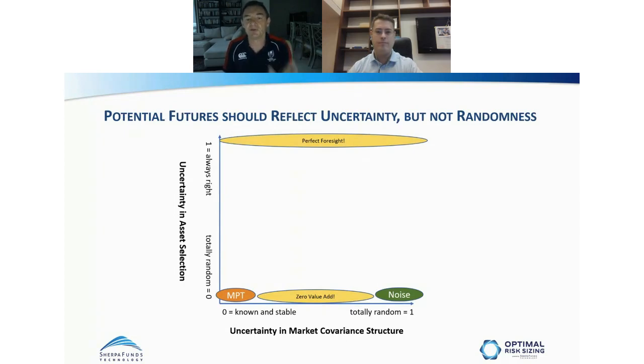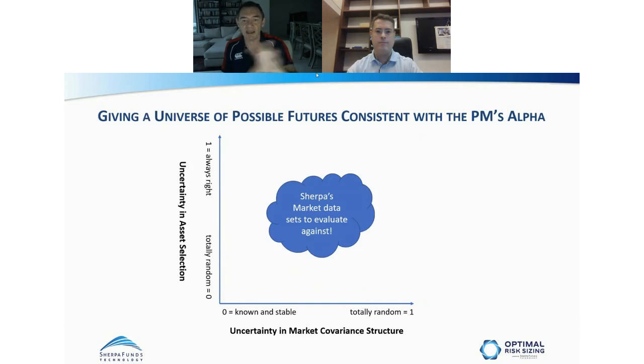But the truth is, it's somewhere in between. So if we move on, you end up with this area in the middle of the uncertainty space in which you're going to live. Now, what we're saying here is that you as a PM, in your asset selections, have some information value, but you don't actually know what it is.